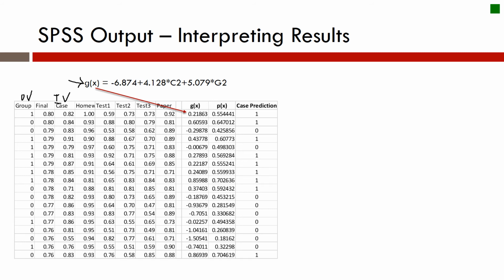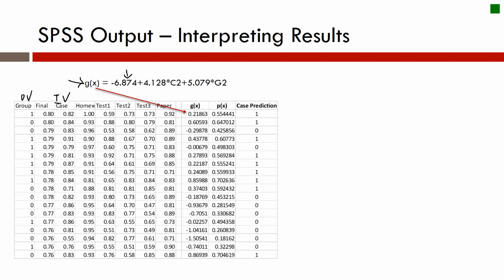Basically, we've got our constant, which is negative 6.874, and then we have our 4.125, which is multiplied by the case number, and then we add to that 5.879 times our test 3 score. So this G2 is the test 3 score, this C2 is the case score, and so this variate predicts or creates the function G of x for each respondent.